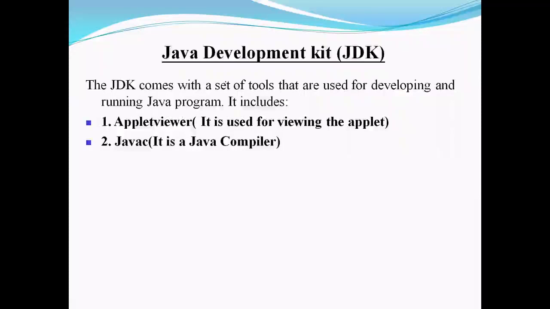Next is javac. It is a Java compiler, which translates Java source code to bytecode files that the interpreter can understand. So javac is a command which is used to compile a Java program into an intermediate code, that is bytecode. Like you compile your C program by using a command or an application called GCC.